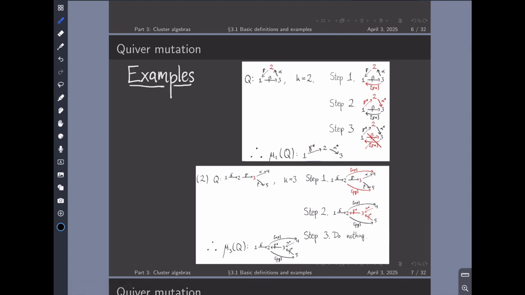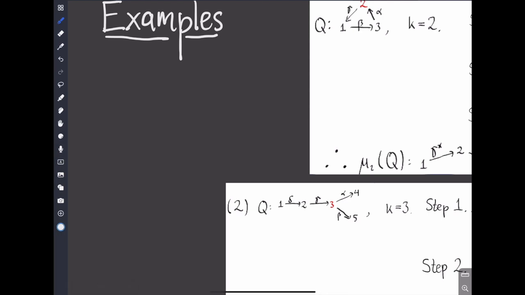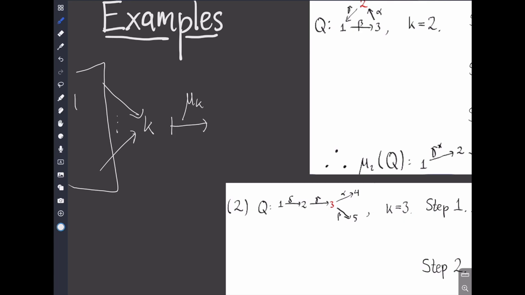Notice, for example, that if your quiver has the property that the mutating vertex is a so-called sink, so that it doesn't have arrows starting at K, it only has arrows ending at K, and you mutate, then here you have the rest of the quiver.